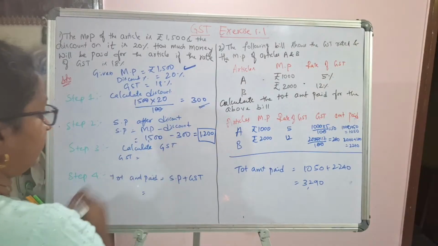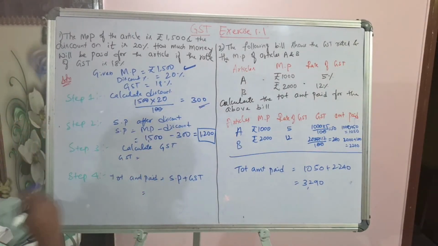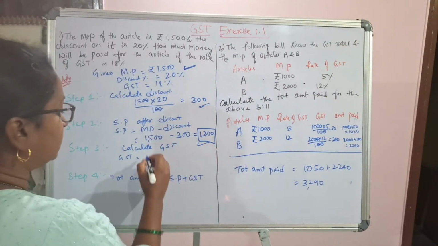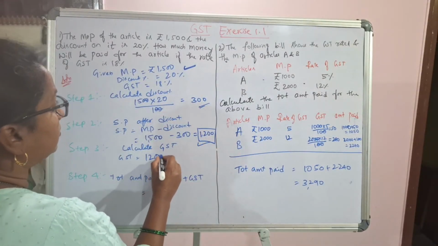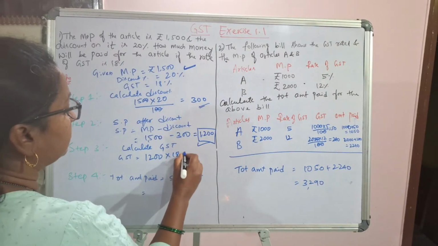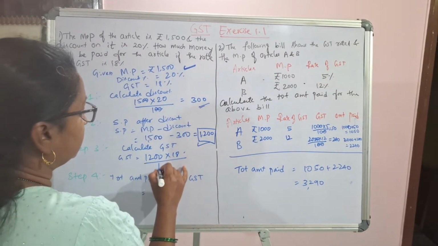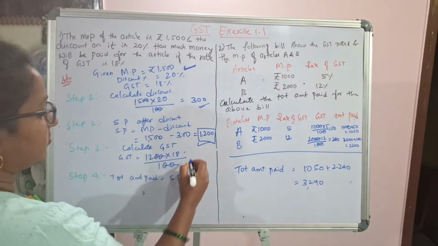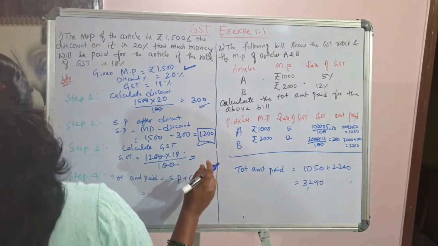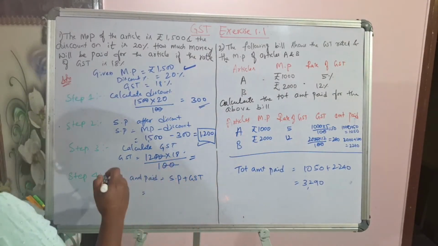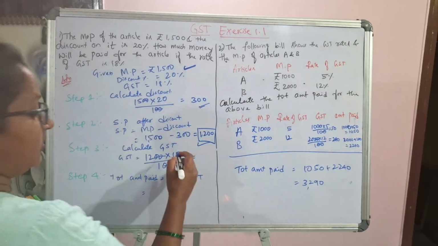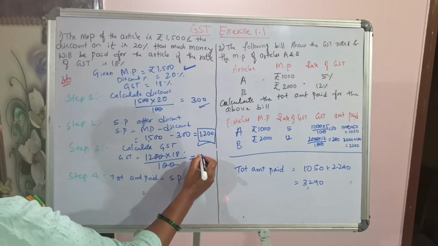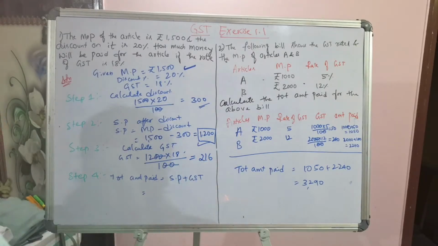In the next step, we have to calculate the GST. That means for this 1200 amount, we have to add 18% of GST. That is 18 divided by 100, so 18 into 12 is 216.